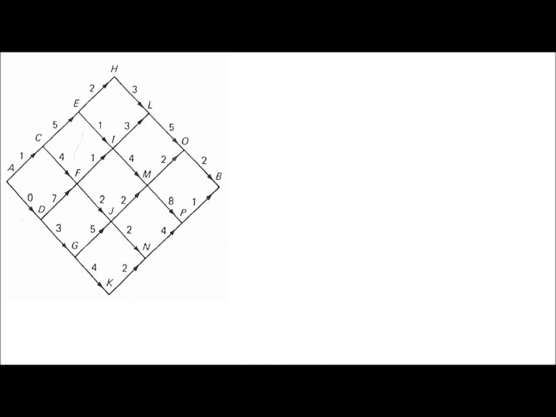Well, let's redraw the diagram. At any particular node, I had like a, let's say this was a 7, this was a 4, and then this cost was 3, and this cost was an 11.